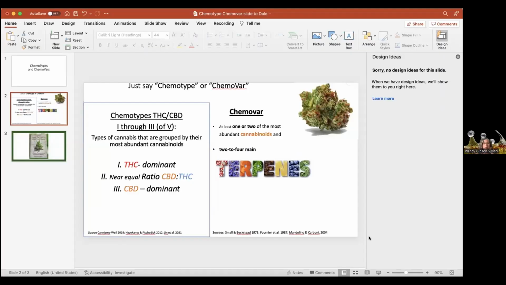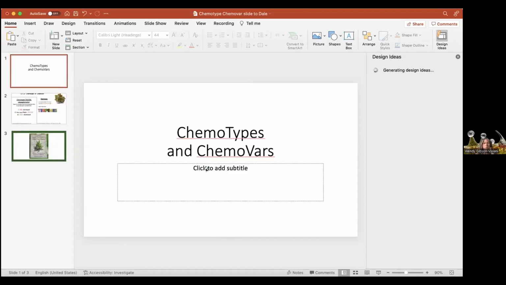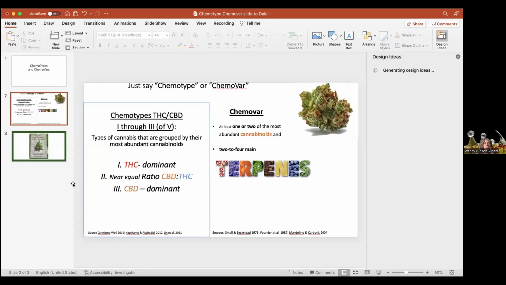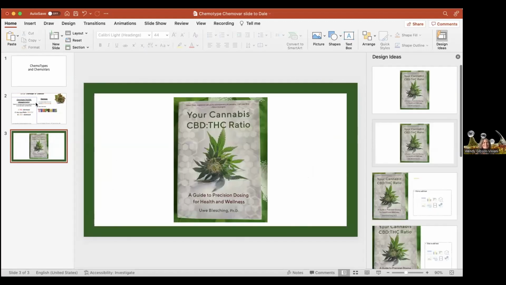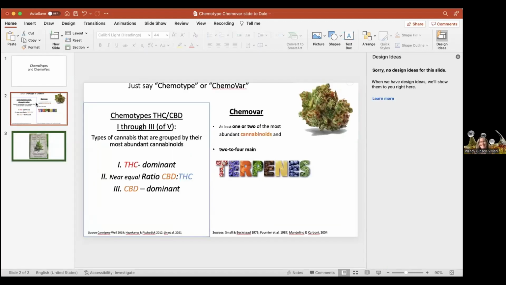And one of those is called chemovars and the other is called chemotypes. And the difference between those two, oops, sorry, I'm all over the place with the slides. So chemotypes are based on the THC and CBD ratios, largely. And chemovars expand that to include some of the terpenes.